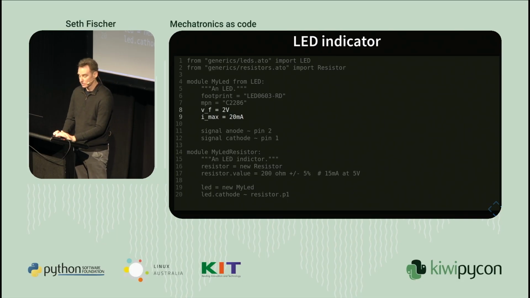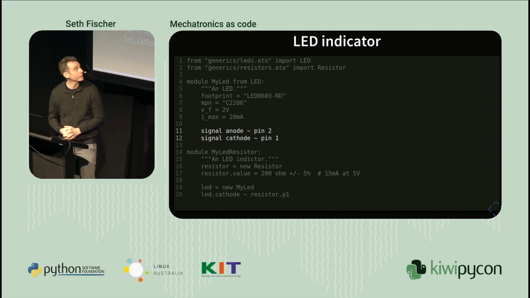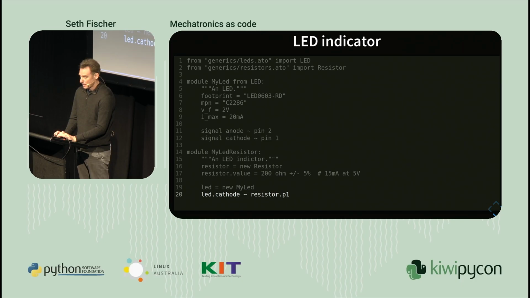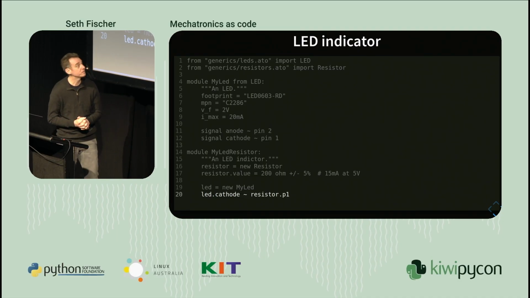So we're defining those here. And an LED has two pins to wire it up, an anode and a cathode, pin 1 and pin 2. And then we use the tilde operator to wire the LED cathode to one of the resistor pins.